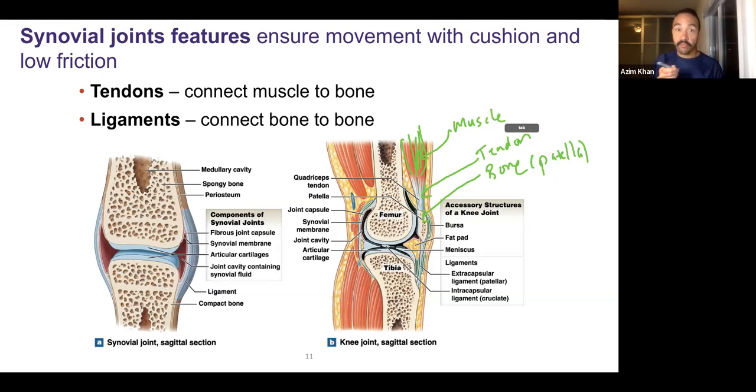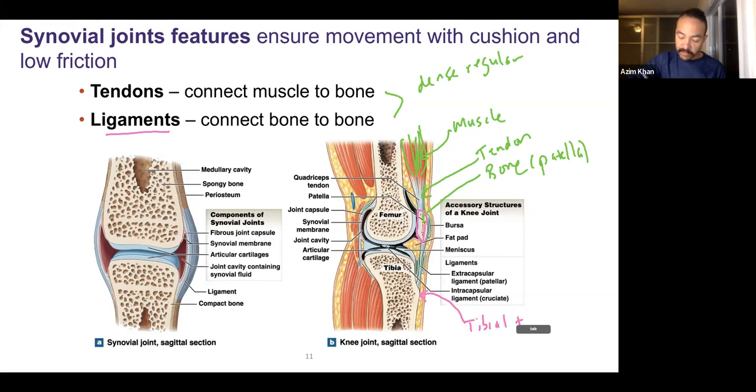Tendons are made of dense regular connective tissue. Both tendons and ligaments are made of dense regular connective tissue. Tendons connect muscle to bone and provide a lot of strength in the direction that it's pulling. Ligaments connect bone to bone. Here we can see again the patella, and then here you can see the tibial tuberosity of the tibia.